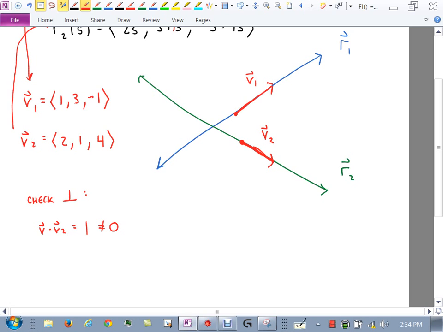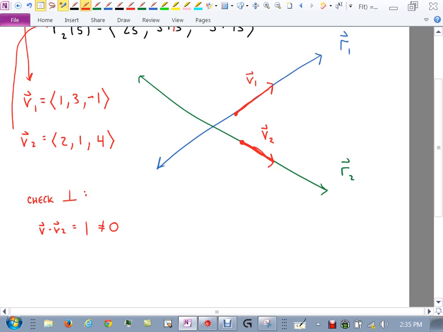How can I check for parallel? Cross product? What do y'all think? You could do the dot product, and then the answer is equal to the magnitude of one of those vectors, and then be parallel. But that'd be more work. Yeah, I hear you. But I even think the cross product might be more work. Are they scalar multiples?